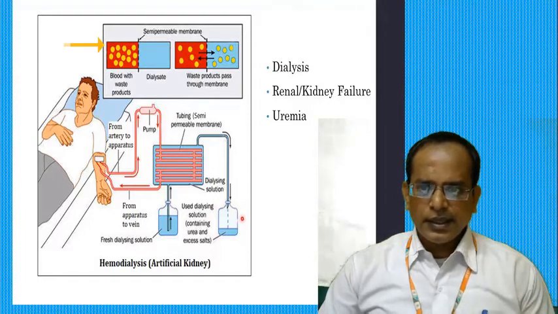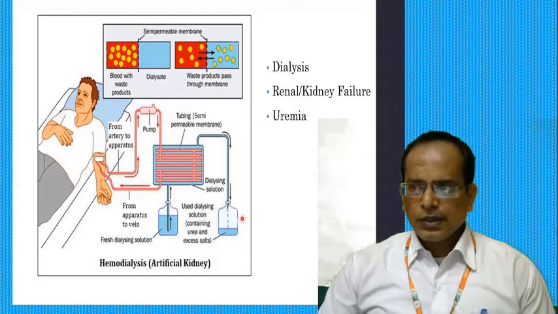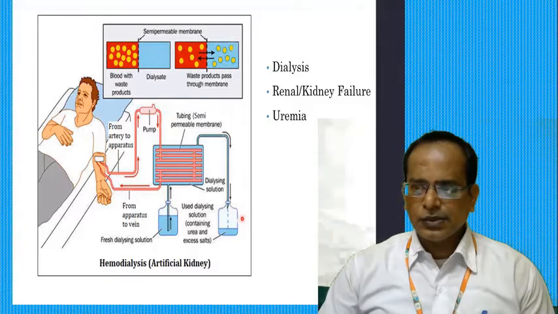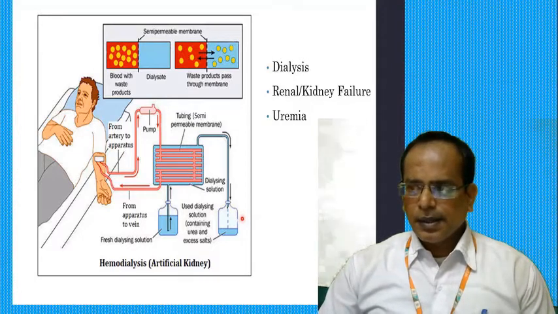Here the bypass is removed and tubing to and fro from the dialysis machine is attached to the open ends. The blood from the arterial side of the AV shunt is passed through the peristaltic pump.